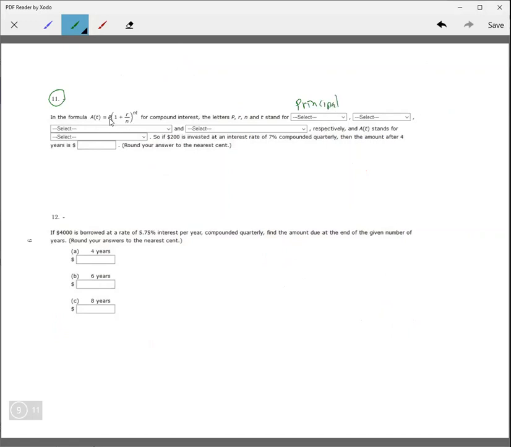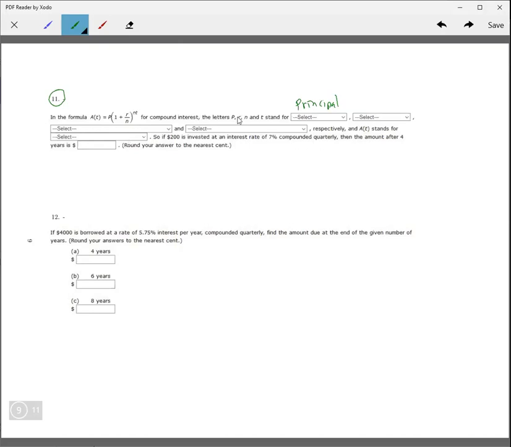It's also known as the present value in some situations. So a lot of financial people will use that word, present value, to denote P, but it's also principal. Both those words start with P, so there's no problem.